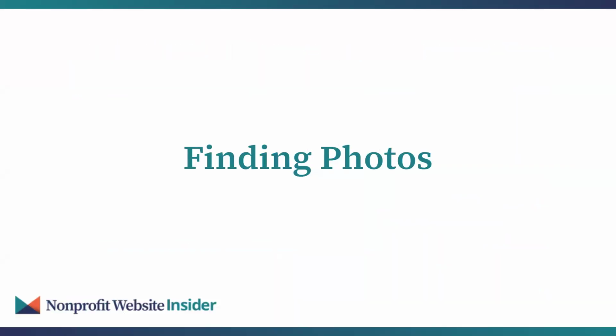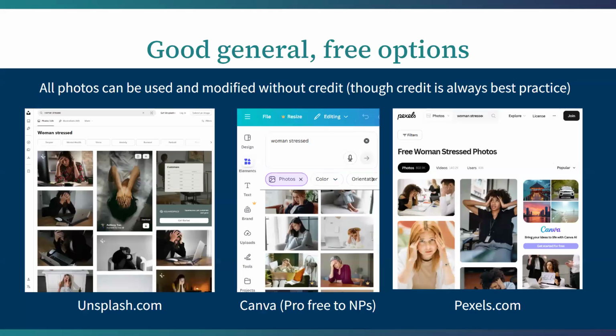All right. So finding photos. There's 3 big free sites that are kind of general use. All of these photos can be used and modified without credit, although credit is always best practice, and it's useful to have on your website a teeny place to put a credit.